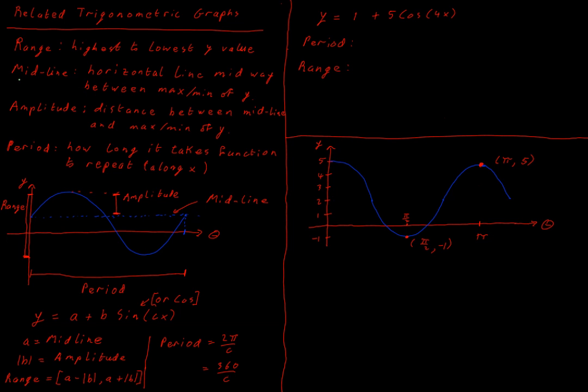The middle line, or midline, is a horizontal line. It's a dashed line that I have drawn in here, and it's effectively the line that our function oscillates around. You can imagine if these were waves in water, the midline would be the level of the still water before we splashed it, before we made it oscillate or wave up and down.